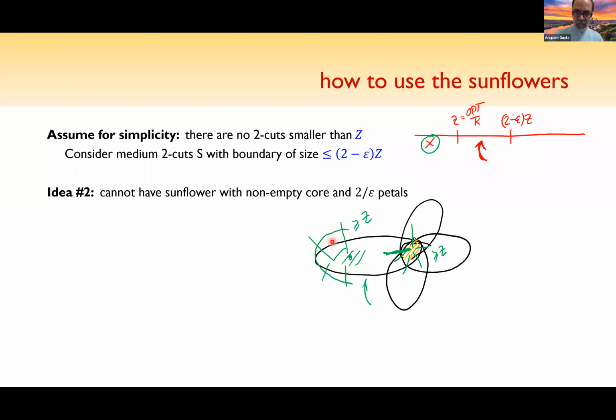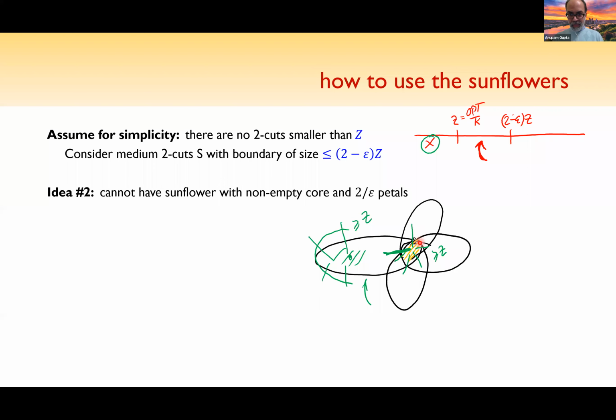But the number of edges leaving this whole part, since it's a medium cut, is smaller than 2 minus epsilon z. So how many edges go between these? Epsilon z. So epsilon z edges go from the core to this petal, and so on and so forth.